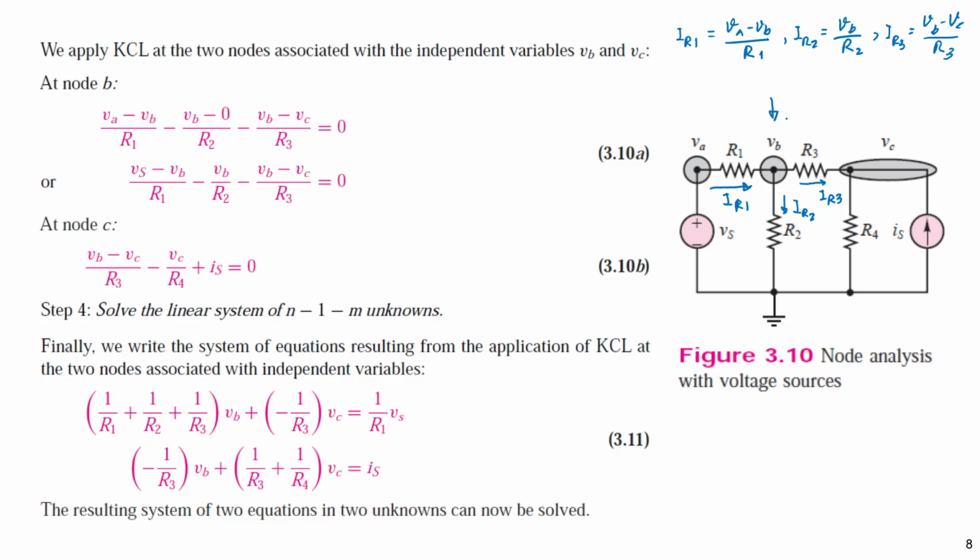By KCL at this node, we get IR1 minus IR2 minus IR3 equal to 0. And we substitute, and we get this. And we know that VA is VS.